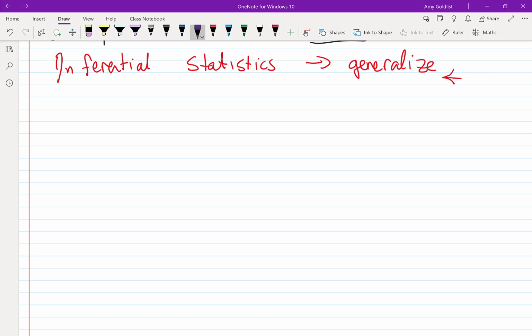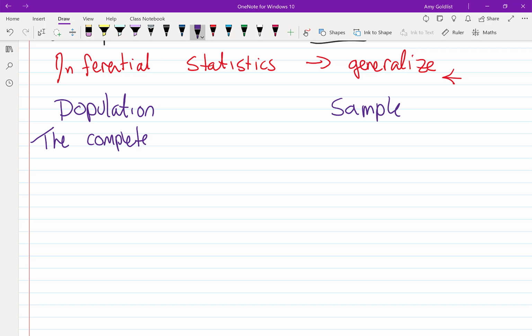So let's start talking about those two things, population and sample, and decide what they mean. The population is everything. It's the complete collection of everything that we're looking at. So that's the complete collection of data, people, scores, anything that we are looking at.